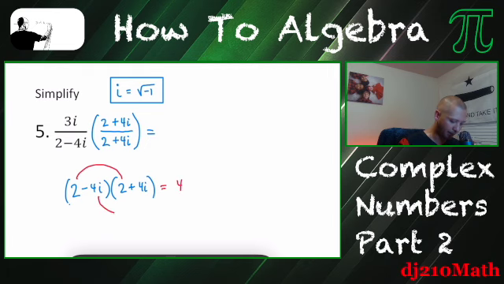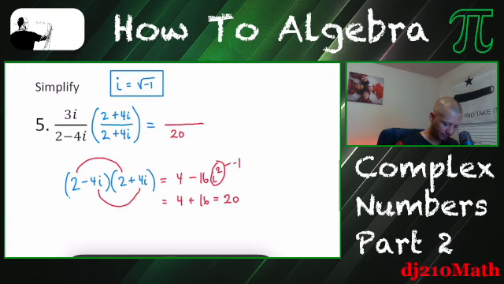And then I'm going to do last times last, because I already know that the other two are going to cancel. So this is going to be a negative 4 times 4 is 16. Then i squared, I know, is -1, which is going to change the sign. So this is really 4 plus 16, which is 20. So the denominator is going to be 20.